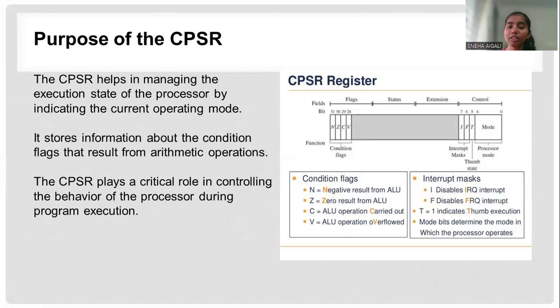The next we have C for ALU operation carried out, that is arithmetic operations, which consist of carry. The next up is V. V is for ALU operation overflow. Then in interrupt mask, we have I and F, which indicate disables interrupt request, and F is for fast interrupt request.